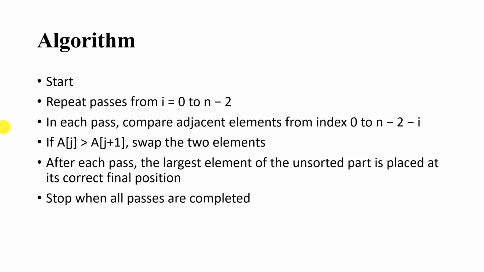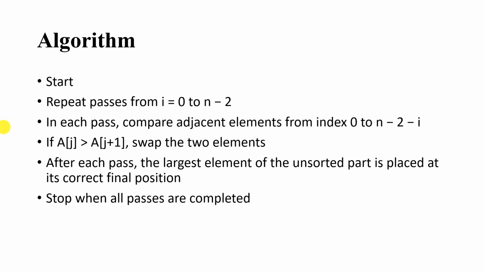Now when it comes to the algorithm, we'll repeat passes from 0 to n minus 2, that means 0 to n minus 1. In each pass, compare adjacent elements from index 0 to n minus 1 minus i. So in the algorithm we say n minus 2, but in code we say n minus 1.